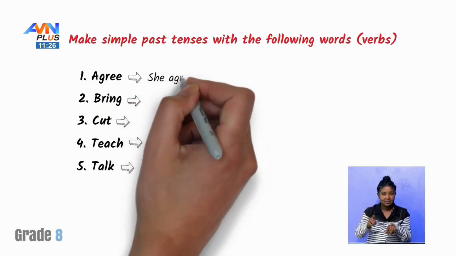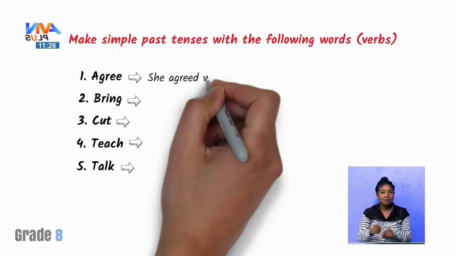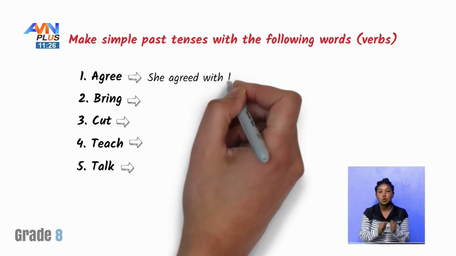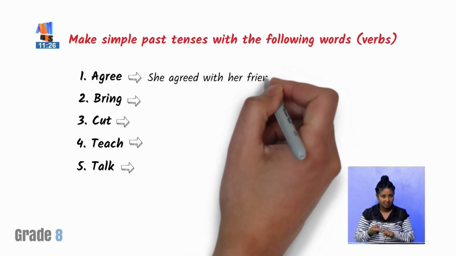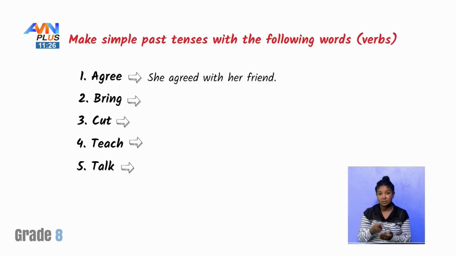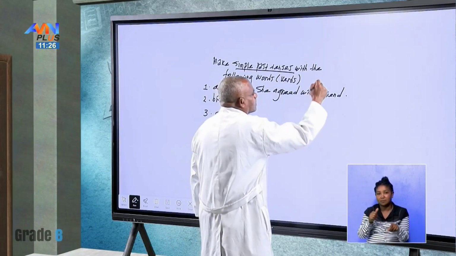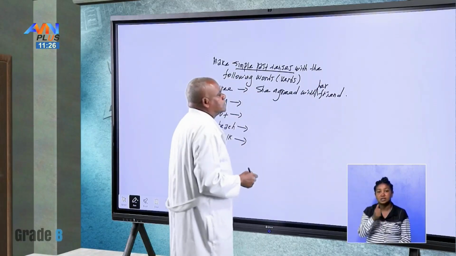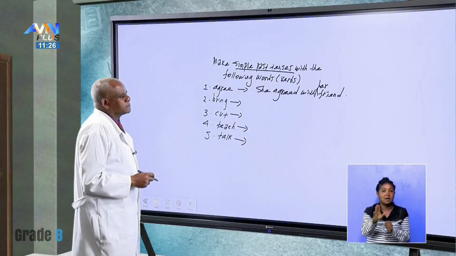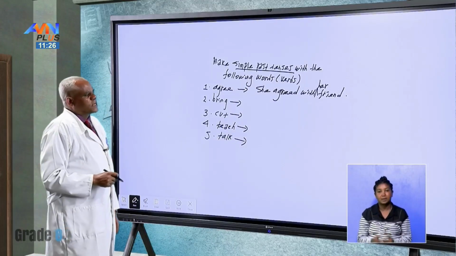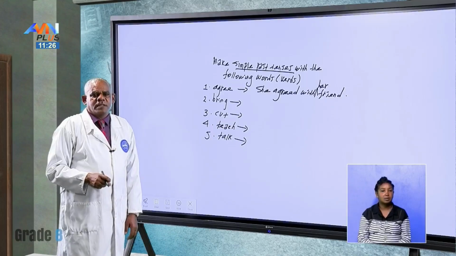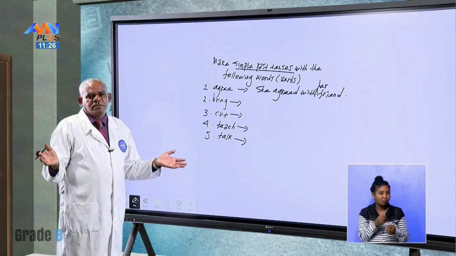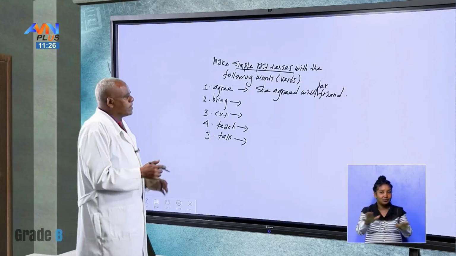She agreed with her friend. This is a past action. There have been arguments. Now they solved that problem. Agreed means they solved their problem. All right.